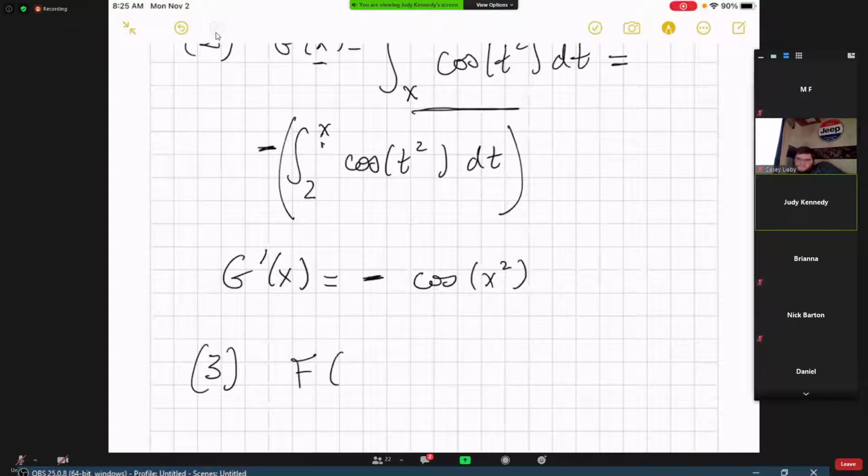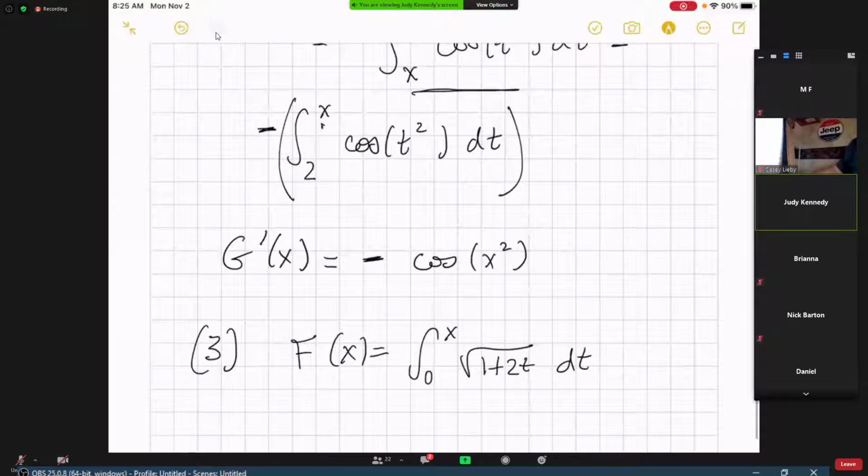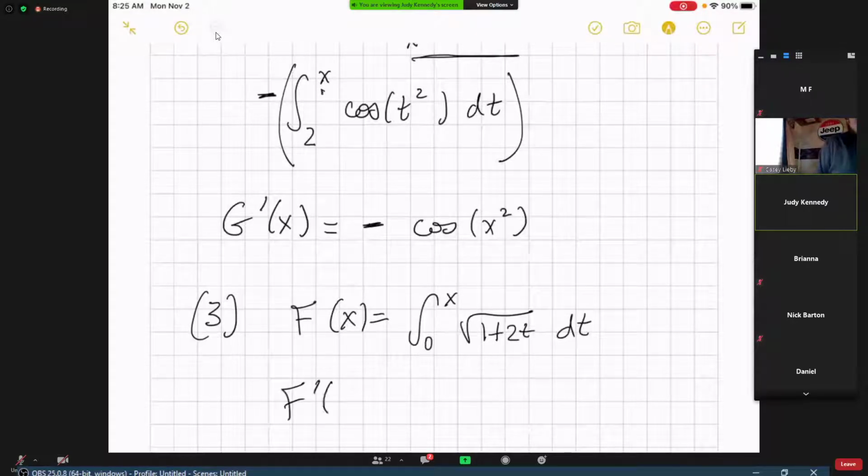So f prime of x. What is f prime of x for this function? Capital F of x is a definite integral from 0 to x of the square root of 1 plus 2t dt.